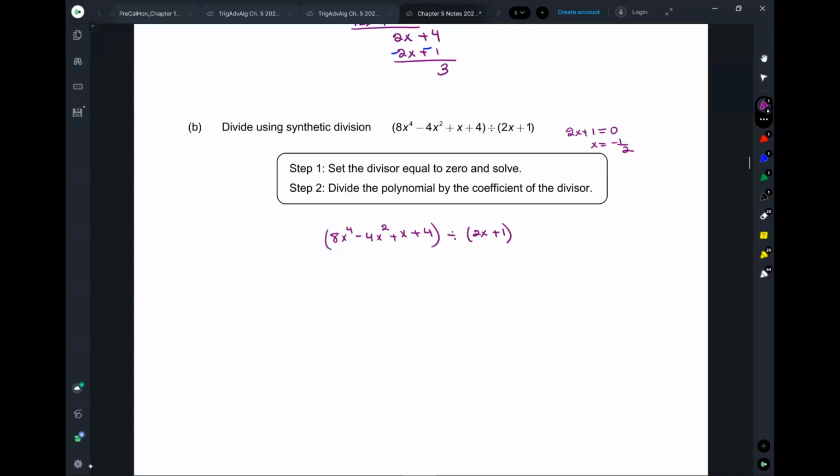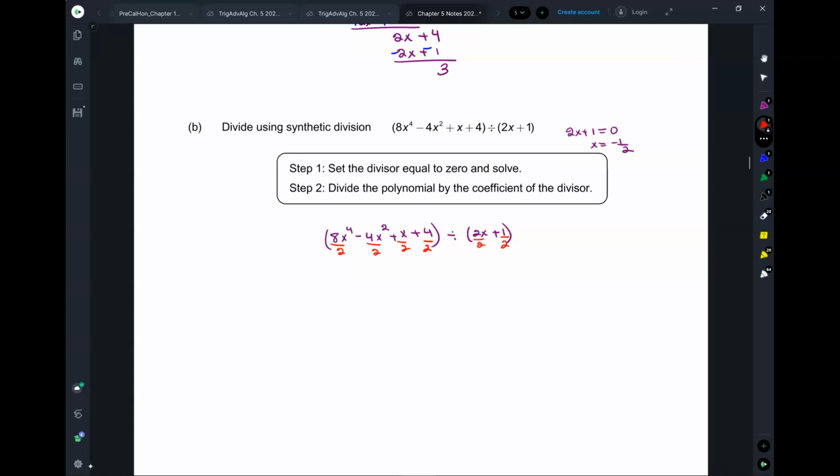So look. When this has a coefficient other than 1, you have to divide everything by that number. So you're going to divide this by that number, but then you also have to divide all of these by that number.